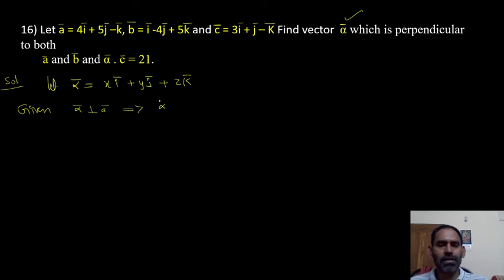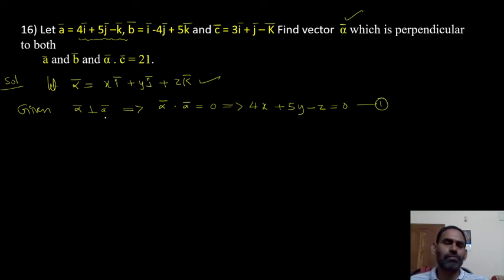That implies alpha bar dot a bar equals 0. Find the dot product, a1 a2 plus b1 b2 plus c1 c2: 4x plus 5y plus z into minus 1, minus z, equal to 0. This is equation number 1.